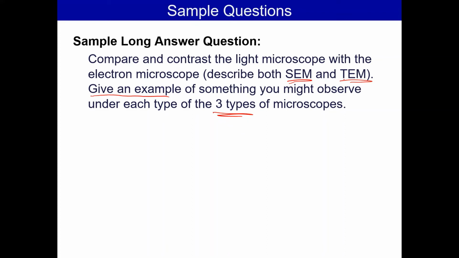If you're not sure if you have enough material, give me a couple more, okay? If you're not very detailed in your answers, like if you just say electron microscopes can see smaller things, well, that's not a lot of information. I'm not going to give you a full mark for that. But if you can tell me the exact magnification or something like that, then those are better details to give me.